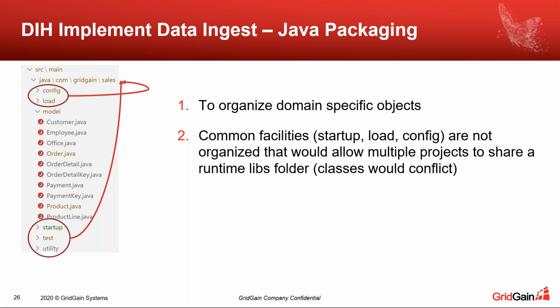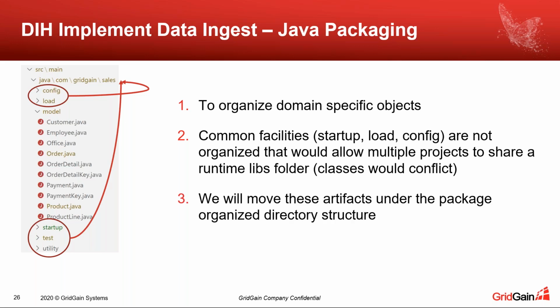However, the problem with this is you're going to get class conflicts if you have multiple of these projects working together in the same cluster. So we move these artifacts under the model package so that it's organized together with your sales packaging.